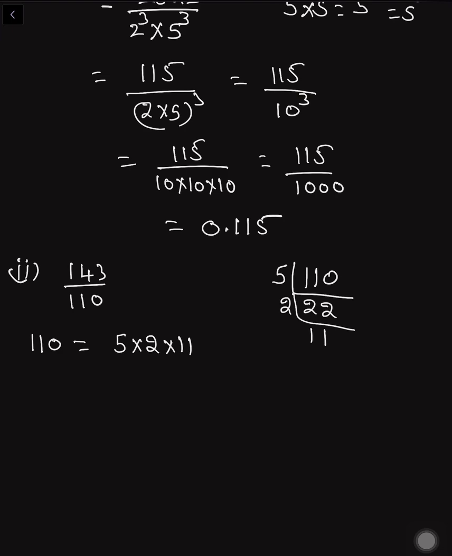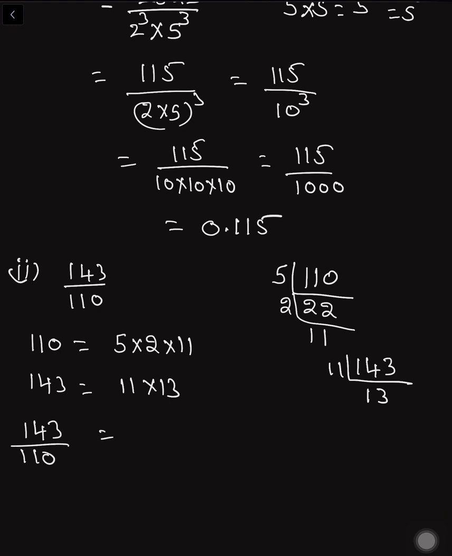But if it is a terminating decimal, it has only the factors 5 and 2. We have another factor, 11. So factorize the numerator 143 also. 11 threes are 33. So 143 is equal to 11 into 13.